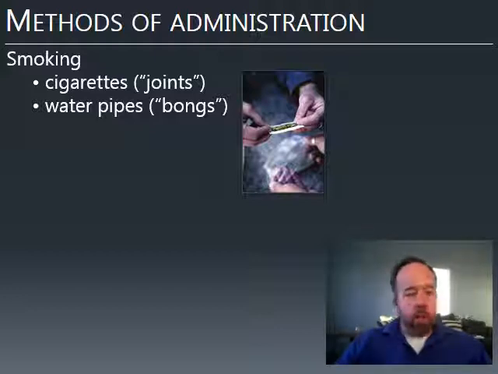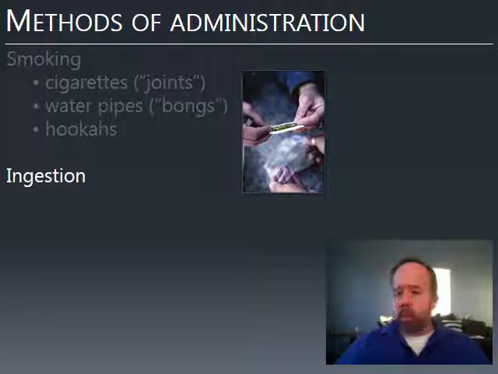Pipes and water pipes in particular are more efficient in terms of how much of the smoke they deliver. You also have things like hookahs, which we've already seen have become more popular for tobacco use as well. But these are all just different mechanisms for combusting the marijuana and delivering the smoke, including the THC and the cannabidiol, to the lungs.